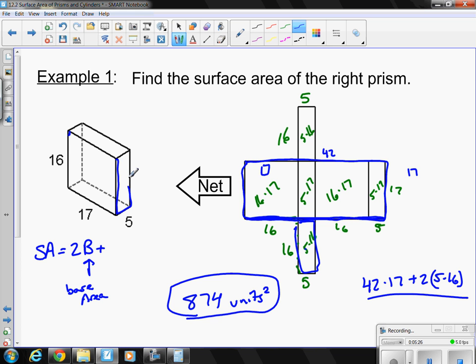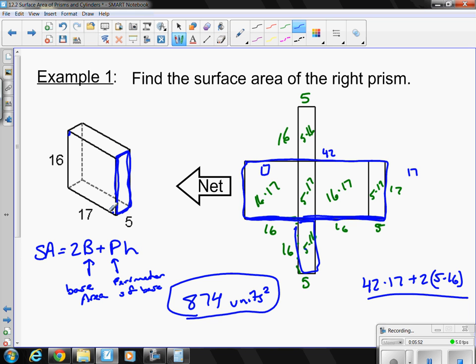This is what I called the base in this problem. 16 plus 5 plus 16 plus 5, that's the perimeter of the base. And I took the perimeter of the base, this side length, times the height.